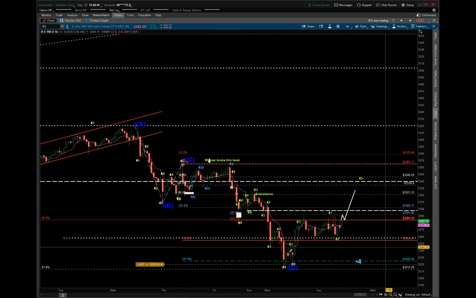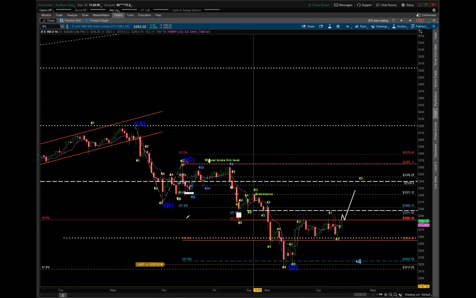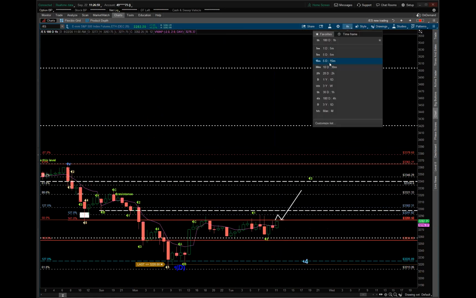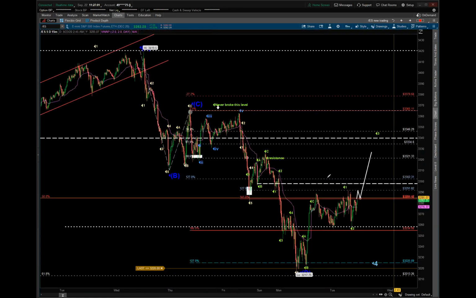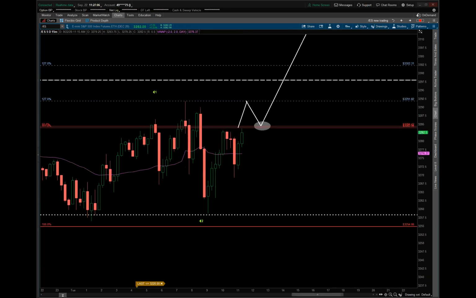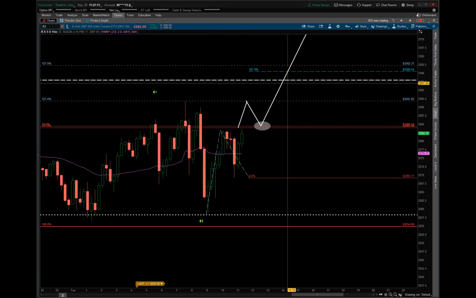Let me show you here. I'm going to go to a smaller time frame. We can see these right here. Once again, we can measure it. We can look for this A, B, C to this level.